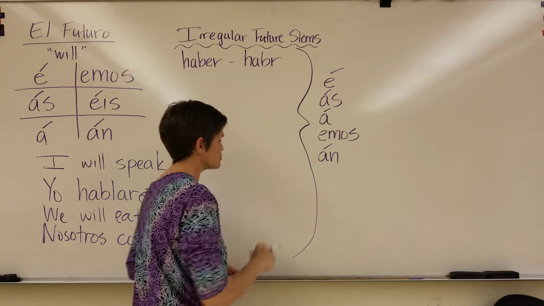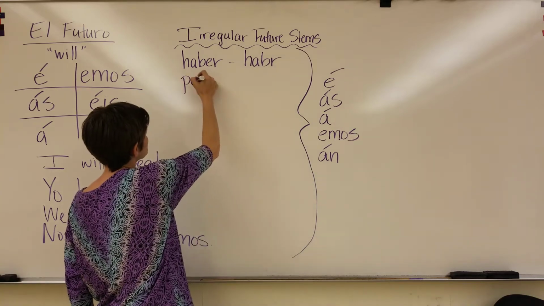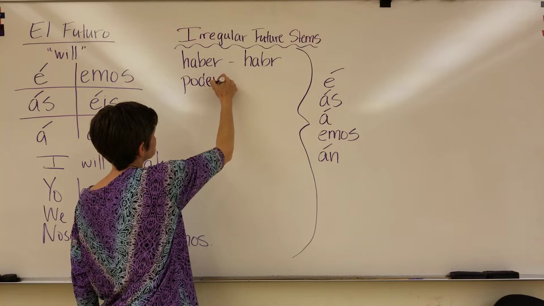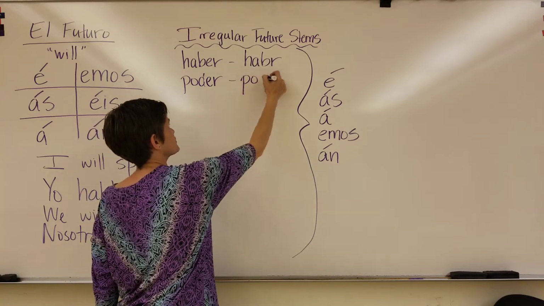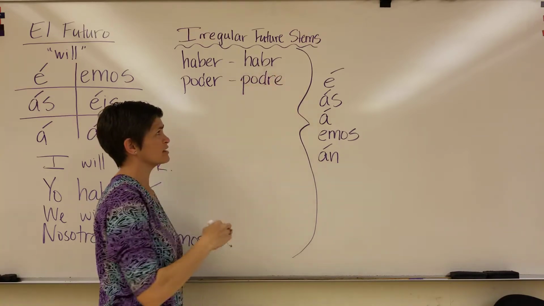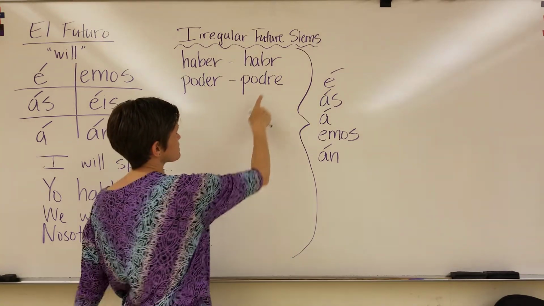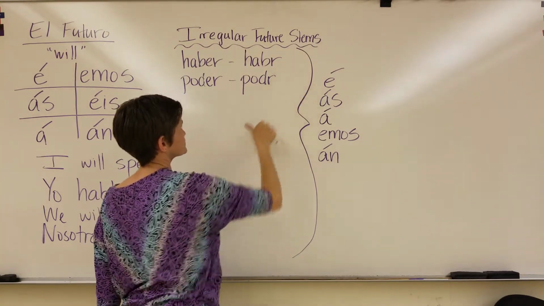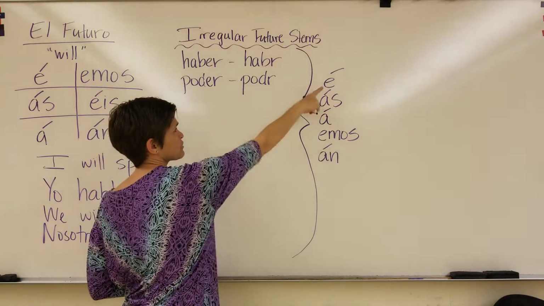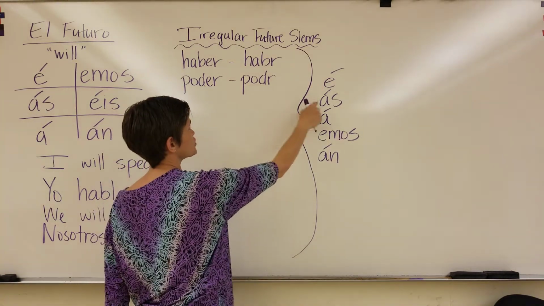Some other ones are poder. The stem will be without the E as well. So if I will be able to do something, I would say podré. Or if you will be able to, podrás.